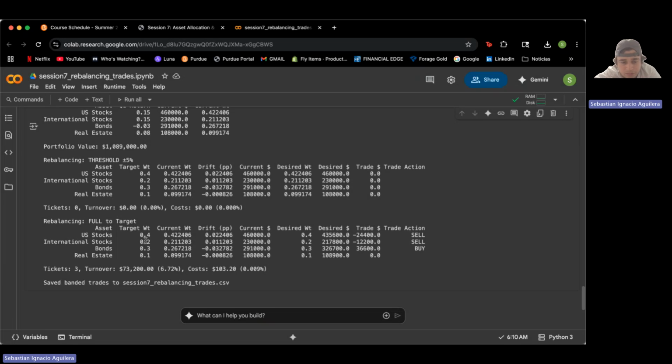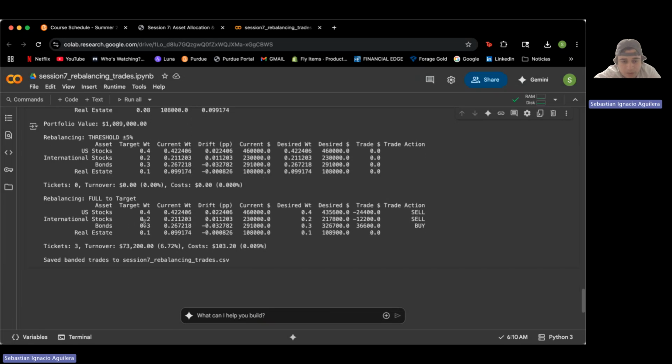So the rebalancing full to target, you'll see how it changes and the comparison. The tickets now are three, turnover is 73 grand, so it's around 6.7%, and cost is about $103. So we basically force the portfolio back to targets.